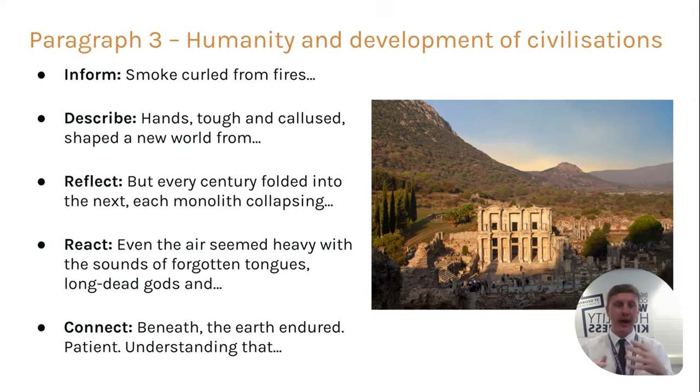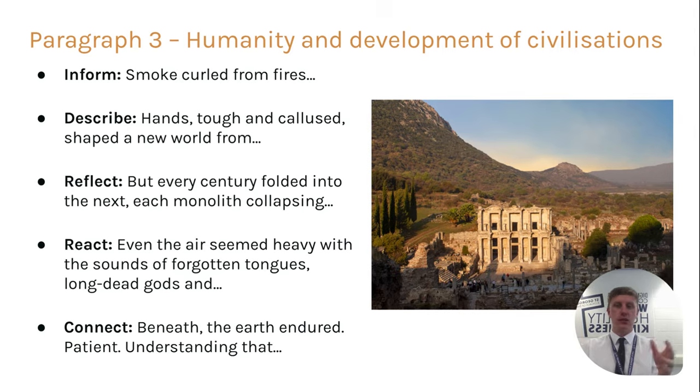So we're thinking about how human beings, through physical labor, through our hands, build and construct new worlds. But then in the third sentence, but every century folded into the next, each monolith collapsing. That is like the rise and fall of civilizations. Has a touch of Ozymandias about it, that sentence scaffold.